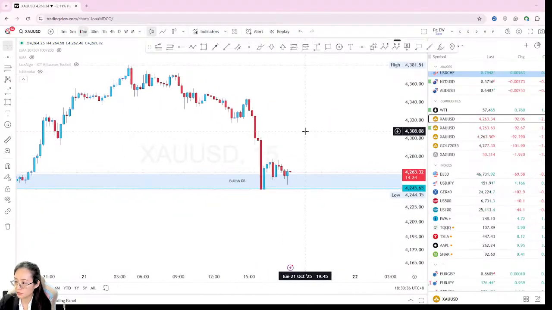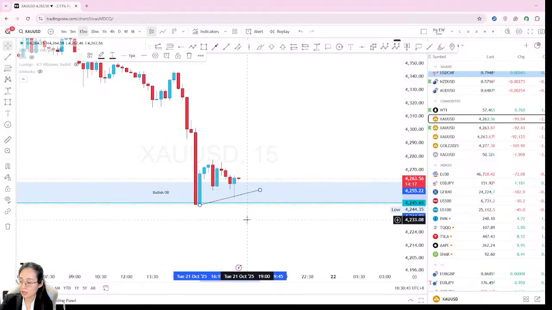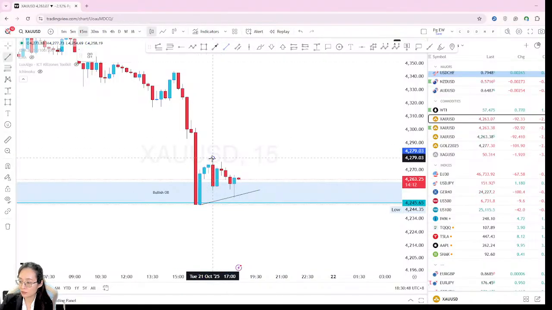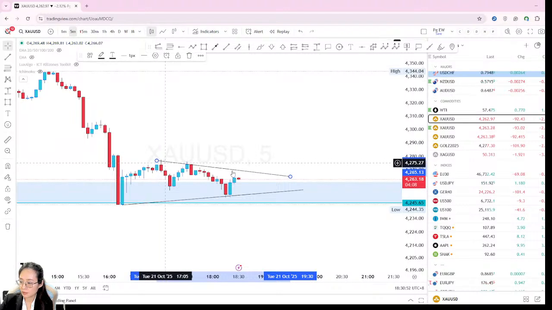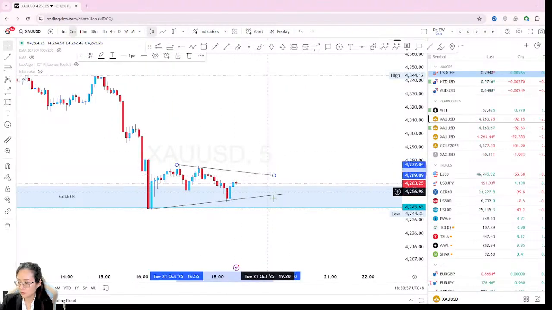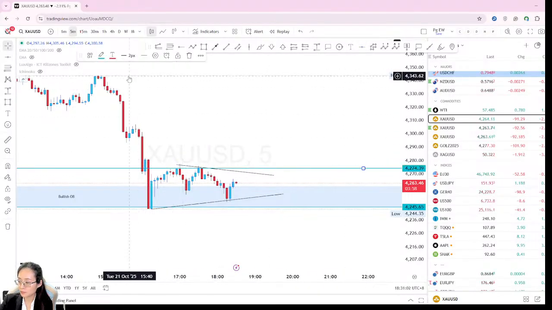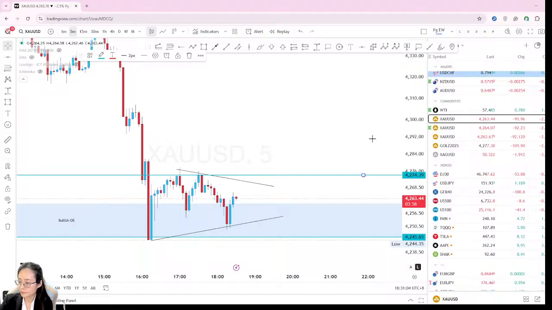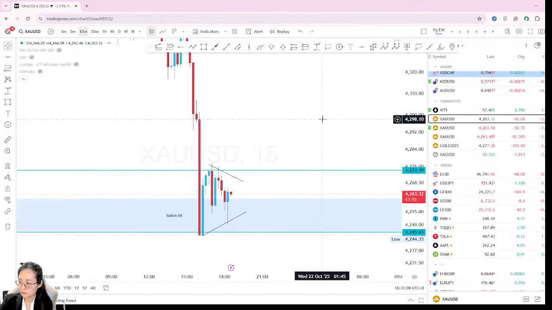Now we look at the M15. For the M15, it seems like price has made a higher low. I think now they are forming a triangle in the lower time frame, which is M5. Basically I think now they are sideways. So you need to wait for price to close above, let's just say, 47.75.